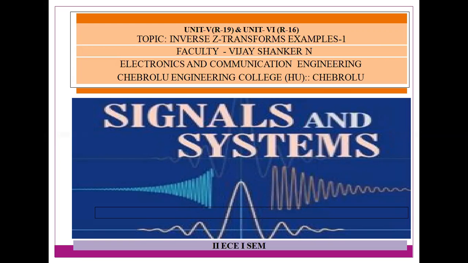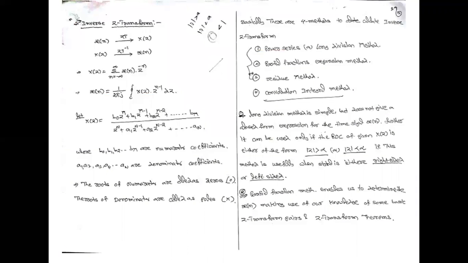Yesterday, we discussed the concept of the inverse transform and how many types there are to find x of n from the given function x of z: the power series, also called the long division method, the partial fraction expansion method, the residue method, and the convolution integral method. The first one is the long division method.